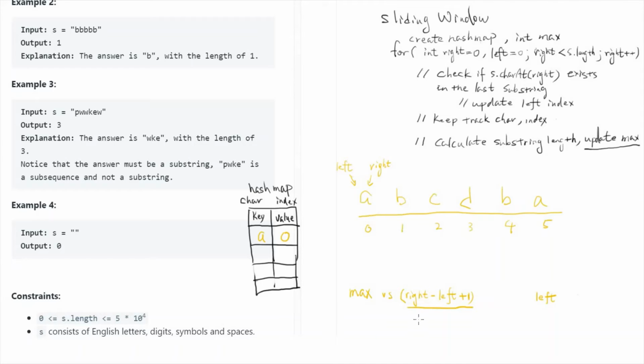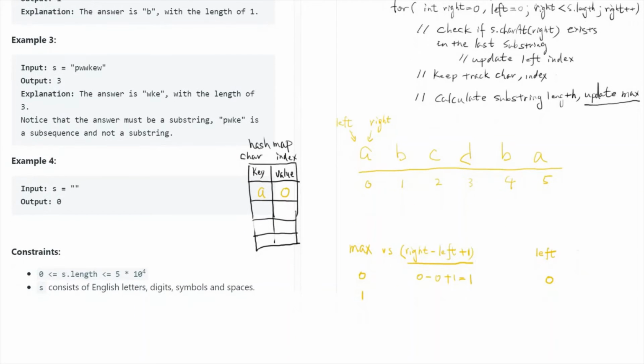The substring length is 0 minus 0 plus 1. It gives you 1. And the initial value for max is 0. The 1 is greater than 0, so we update the max with 1. And the left is 0. Then we move the right index to the next character.